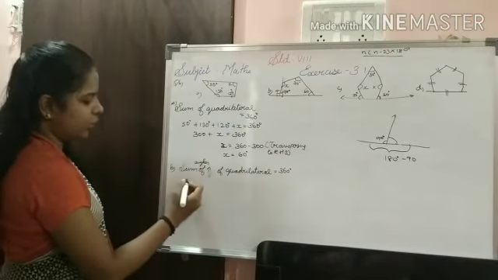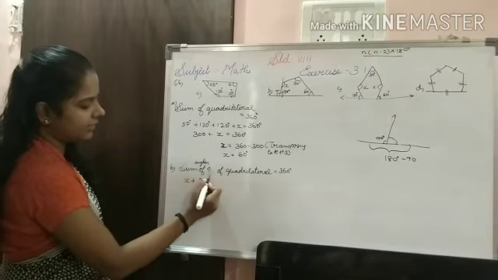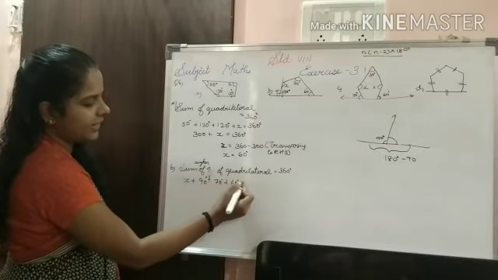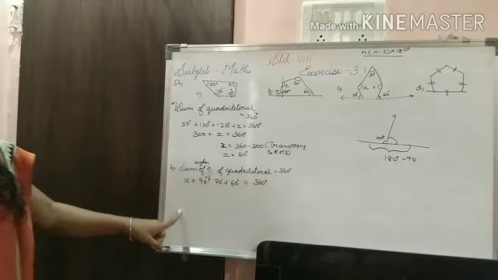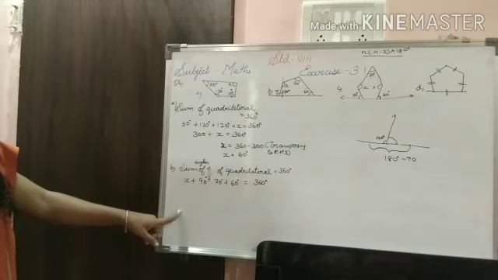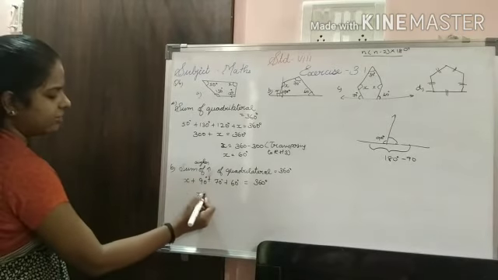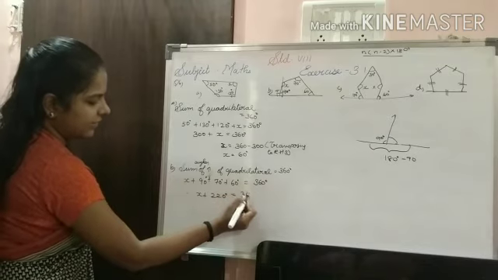So x plus 90 degrees plus 70 degrees plus 60 degrees is equal to 360 degrees. Understand, students? Adding these, x plus 220 degrees is equal to 360 degrees.